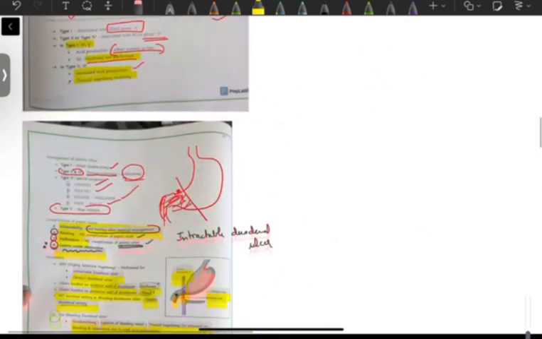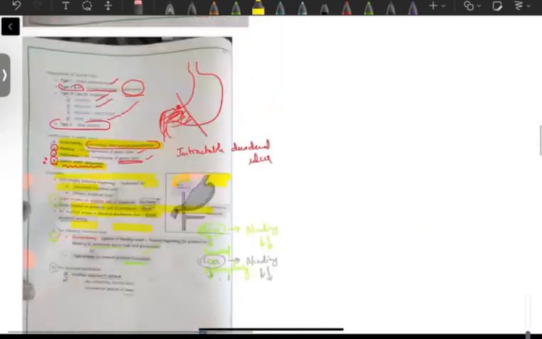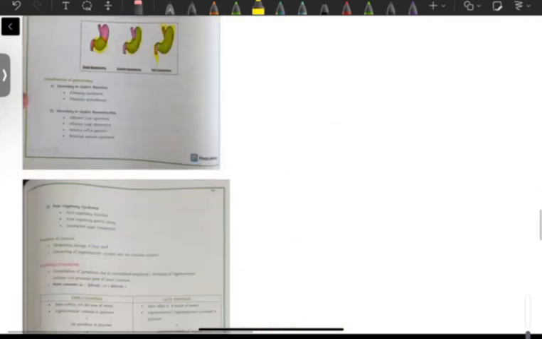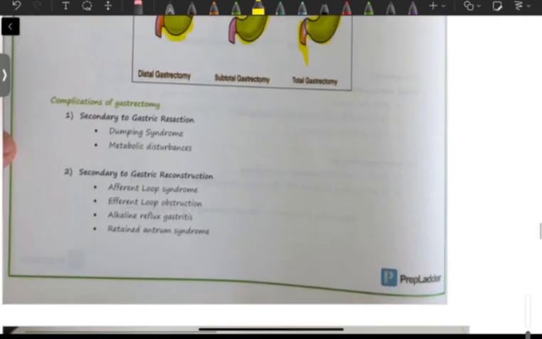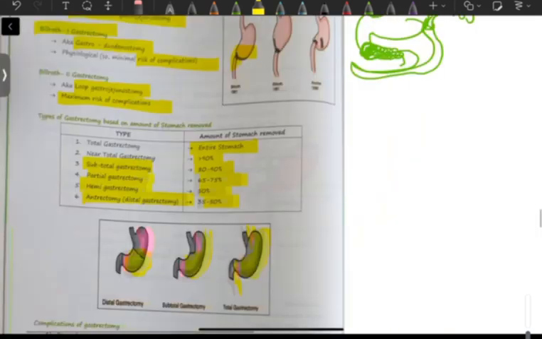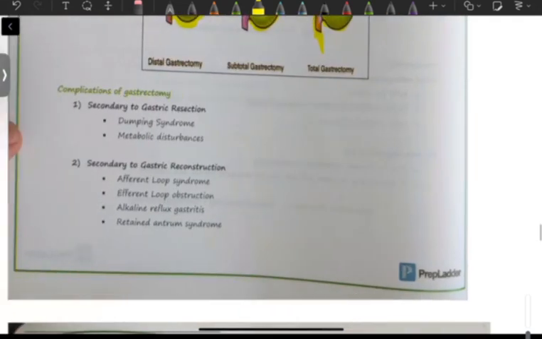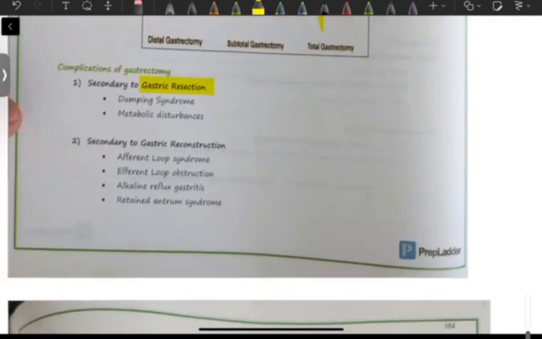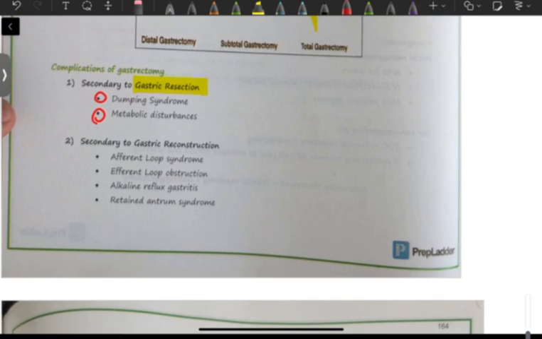Okay, so we have discussed peptic ulcers totally, and now there is a certain part remaining, which is the complications of gastrectomy. What are the complications of gastrectomy, secondary to gastric resection? Since we remove the stomach, some complications occur because of removing the stomach. Those complications are one, dumping syndrome, and the other, metabolic disturbances.